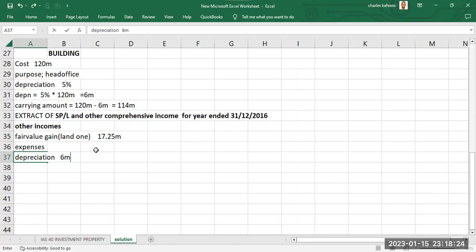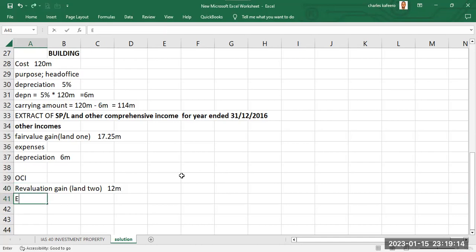And from there we go to the OCI after getting the gross profit, and you put the revaluation gain that was land 2, which was 12 million. That was the extract they wanted.